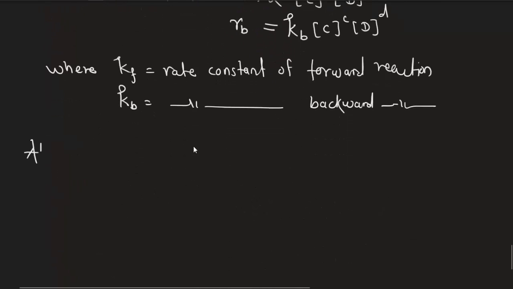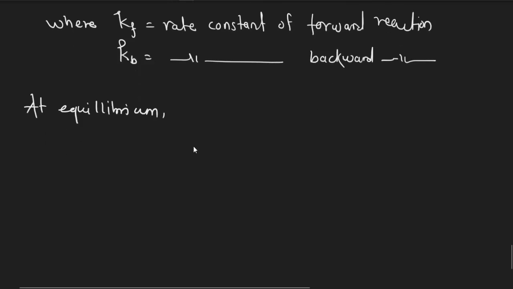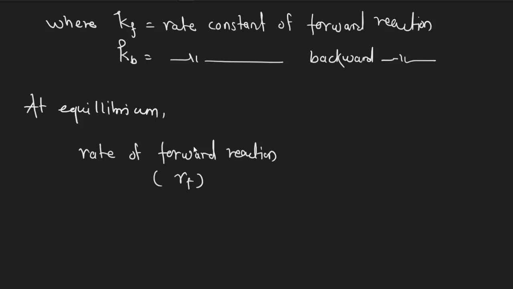So at equilibrium we can write that the rate of forward reaction, this is the Rf, becomes equal to the rate of backward reaction, and this is the Rb.